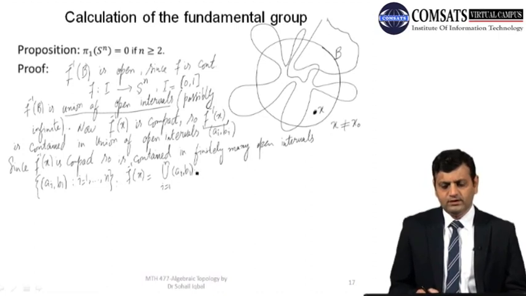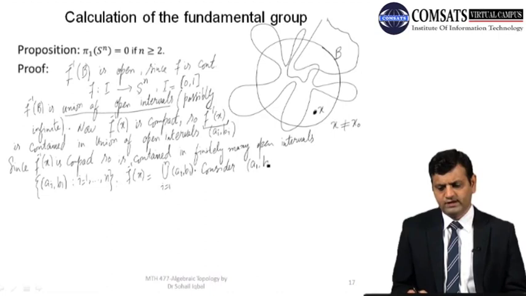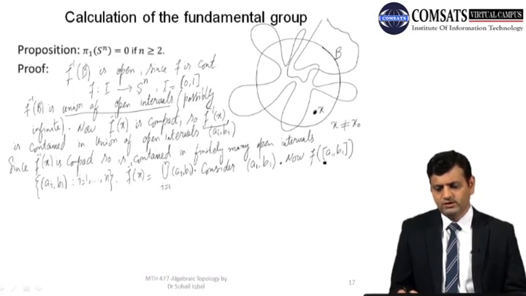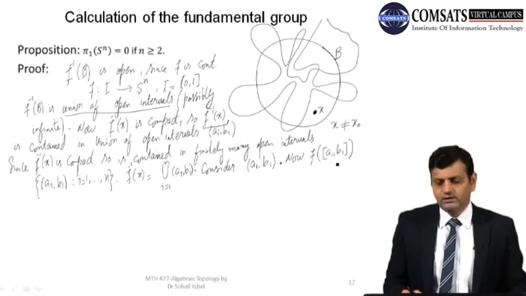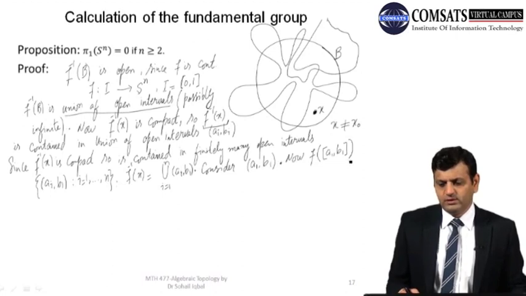Okay, now if we consider a particular open interval, without loss of generality, let's consider a1, b1. Now f of this closed interval a1, b1 is going to be closed. So now f of the closed interval ai, bi is going to be closed inside Sn. Why?